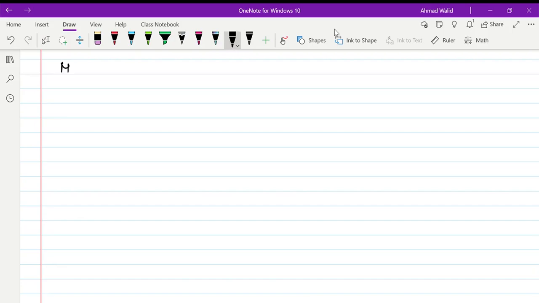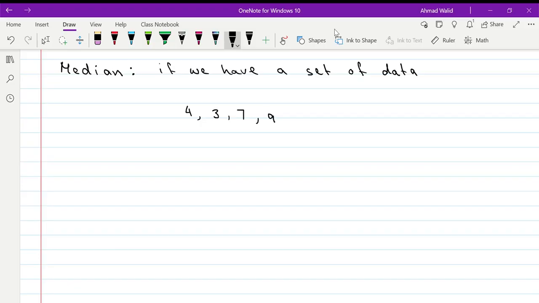Median. Correct? If we have a set of data, for example, let's say 4, 3, 7, 9, 2, 1, you can find the median.